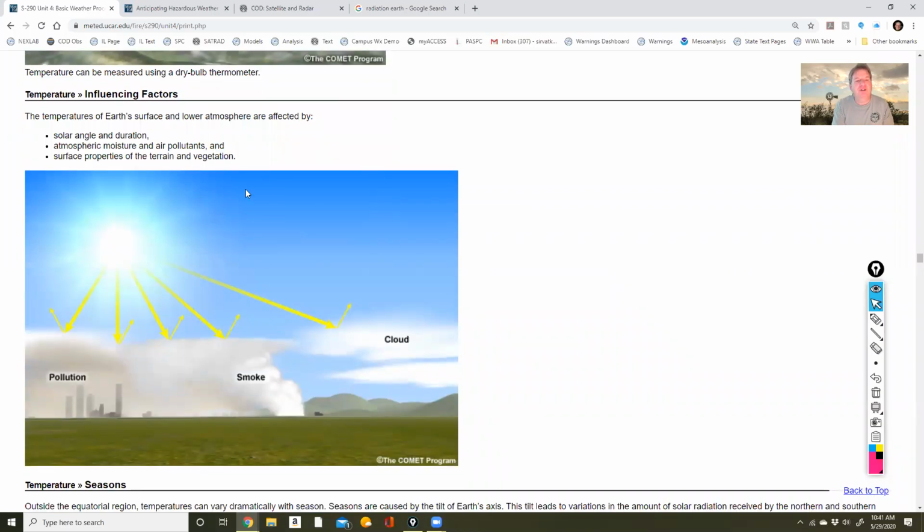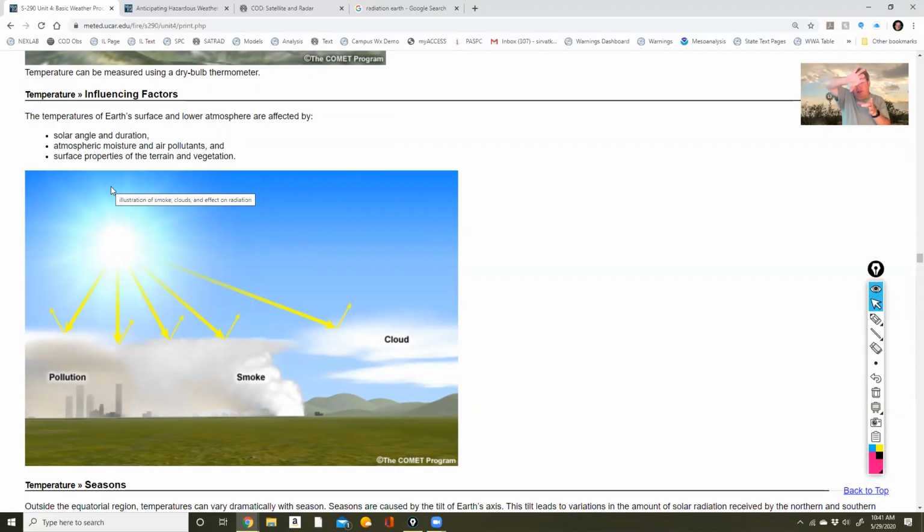So temperature influencing factors. Number one is the solar angle. How intense, how direct is that angle? So I want you to think about this. Imagine that I take a flashlight and I shine it on the ground, straight down, and I get a circle. I have so much energy coming out of the flashlight being spread out over this small circle.